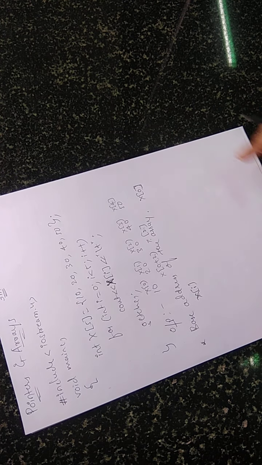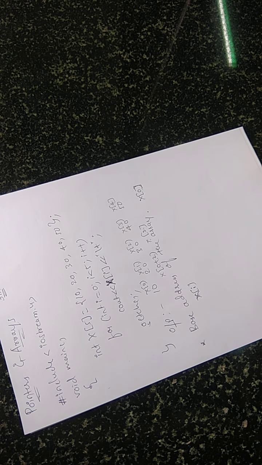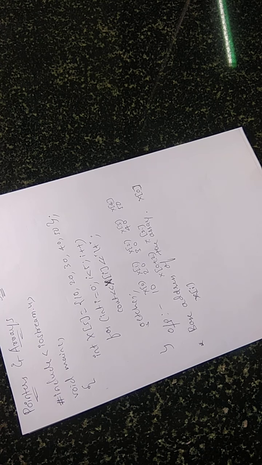Now, if you want to see how the elements are printed, or what the relation is between pointers and arrays, I will write a small program code. Only the required program code, and we'll compare how it works in memory. Let me write it, and we'll see how we can print the elements of the array.